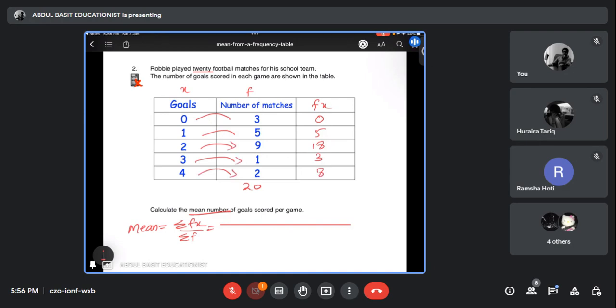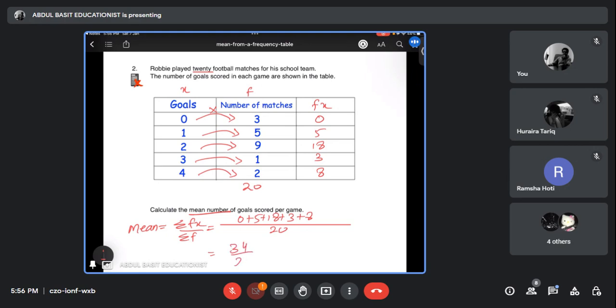I have put the multiplication sign here. Summation fx means 0 plus 5 plus 18 plus 3 plus 8, divided by 20. So 5 plus 18 is 23. 23 plus 3 is 26. 26 plus 8 is 34. Right?